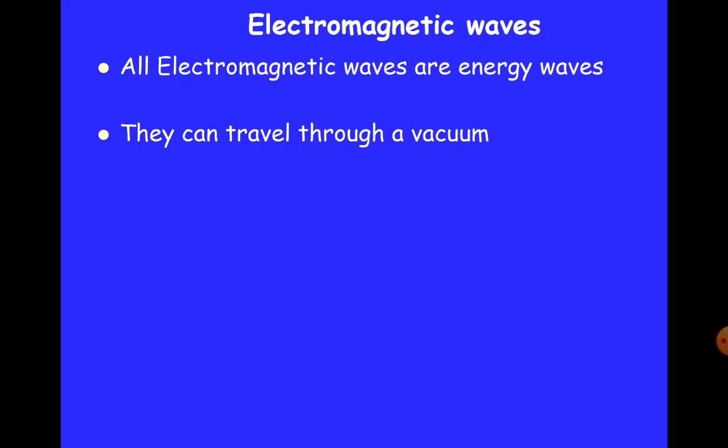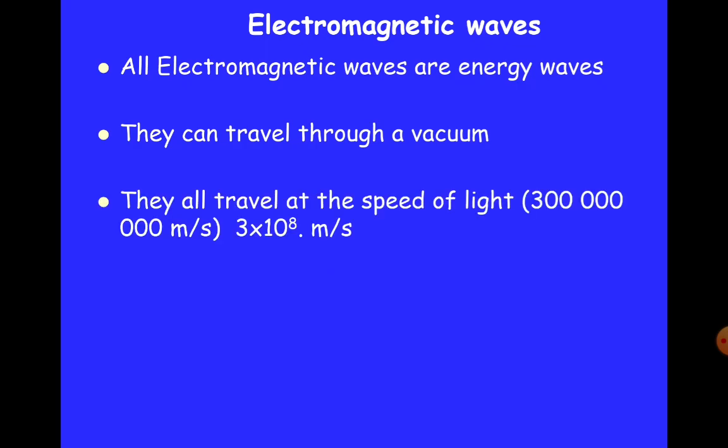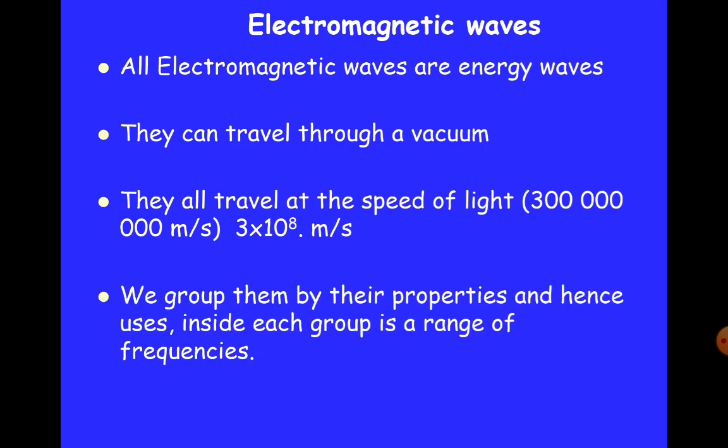These are the only waves that can actually travel through a vacuum. Sound cannot travel through a vacuum, remember? And the speed of light is 3 times 10 to the power of 8 meters per second. And we are going to group them by their properties and their uses. And remember, inside each group there is a range of frequencies. Okay?